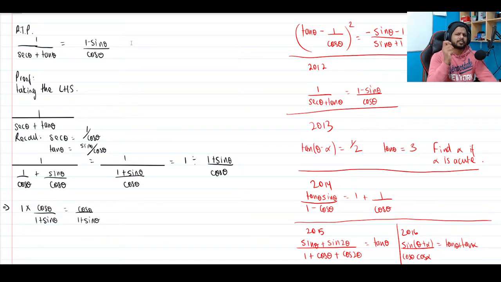To make life even easier, I want 1 minus sine theta on the numerator. So I'll multiply by 1 minus sine theta over 1 minus sine theta. That way, I get a 1 minus sine theta on the numerator. Or I can multiply by cosine theta over cosine theta, and that way I get a cosine theta on the denominator.